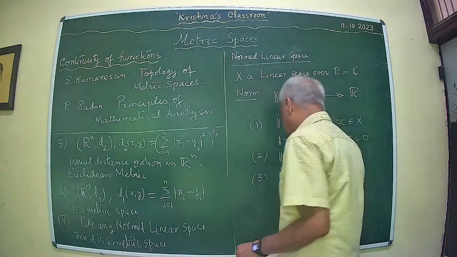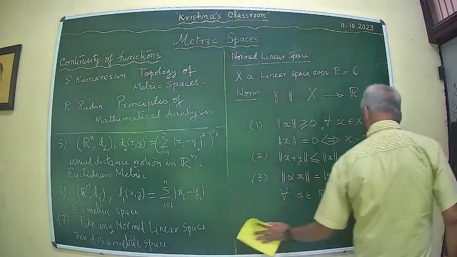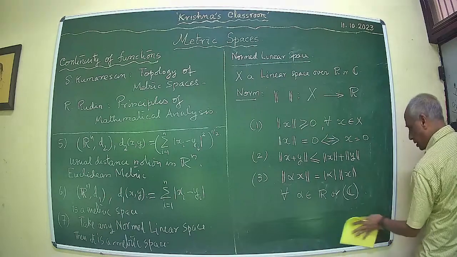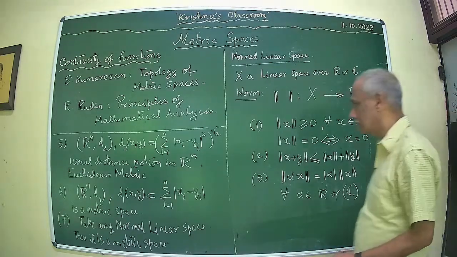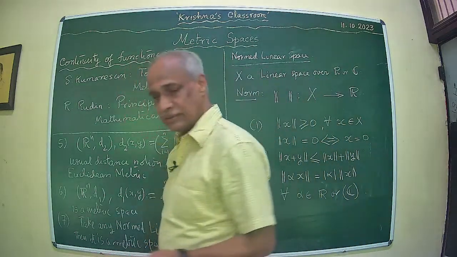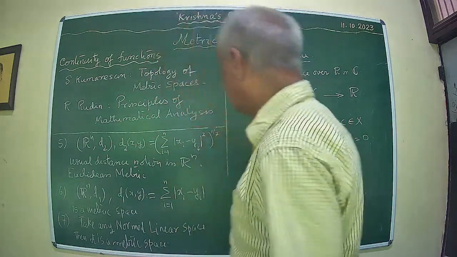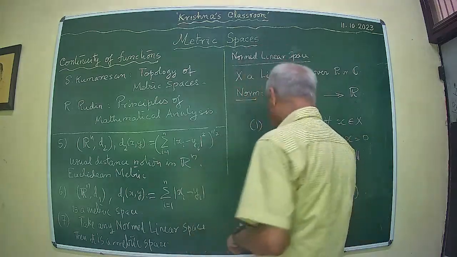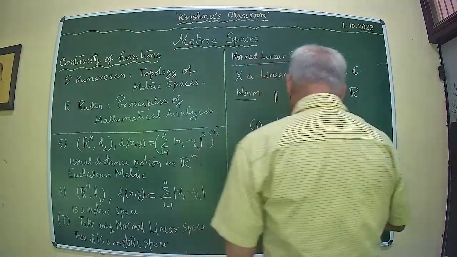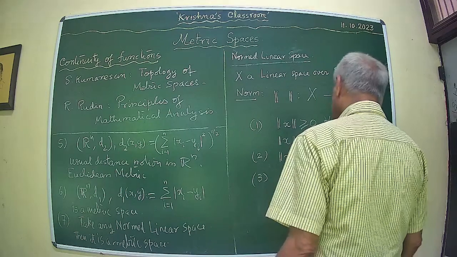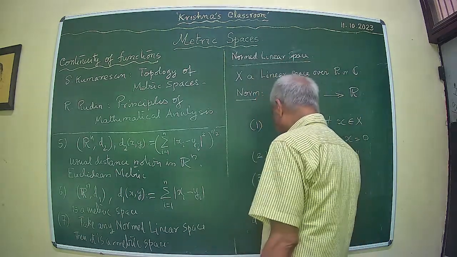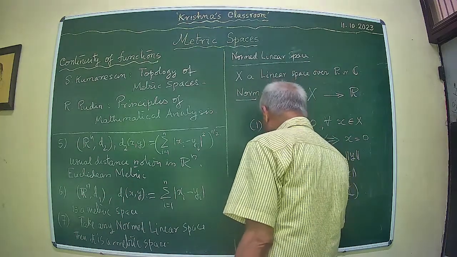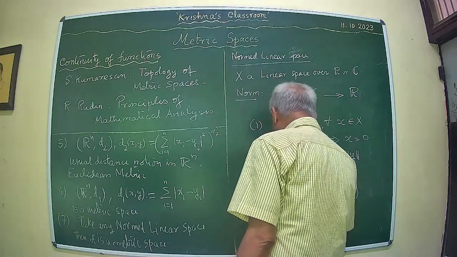Now there are examples, exotic examples, where norms are defined in all different ways, and you can see the details in the various books. Now, the metric that is induced by the norm is this, d(x,y).